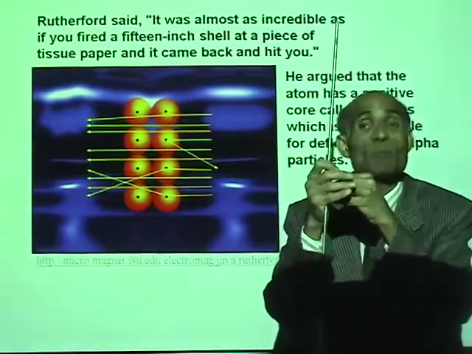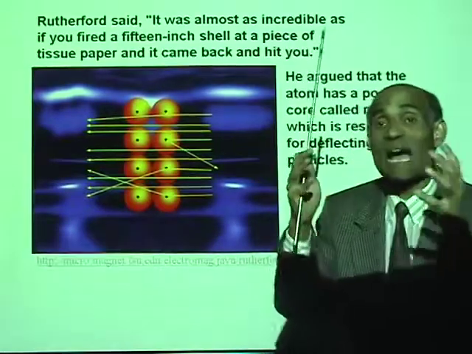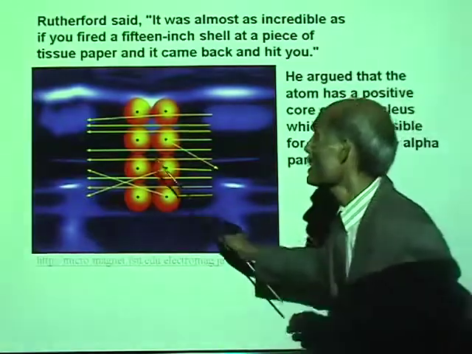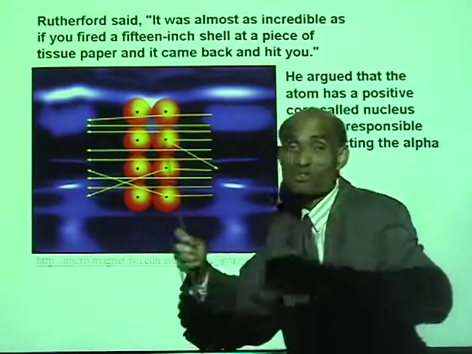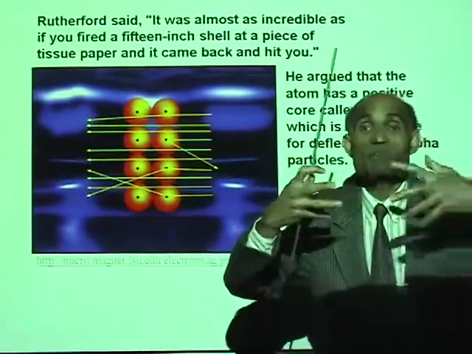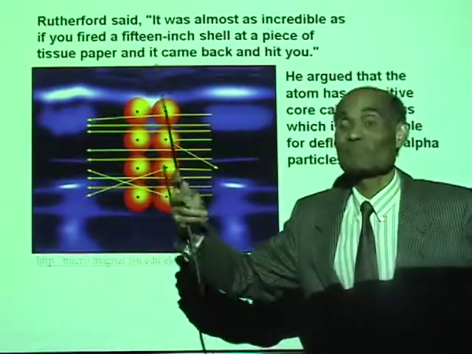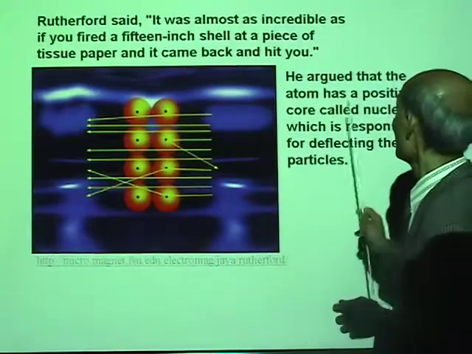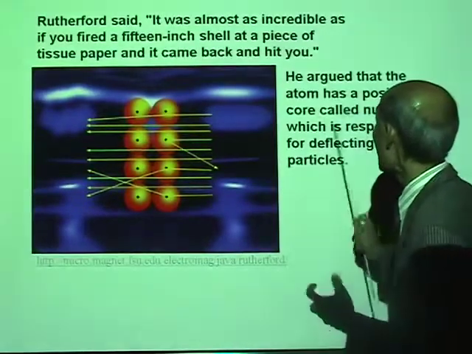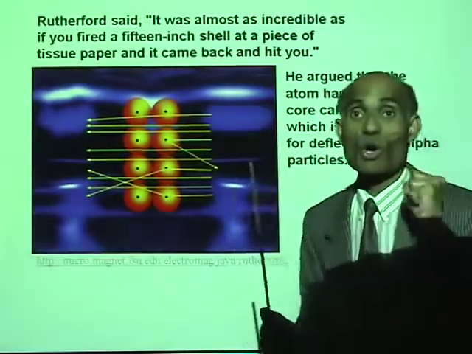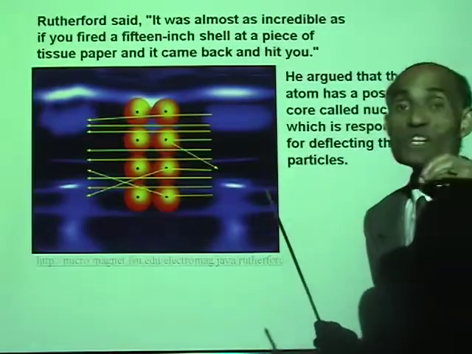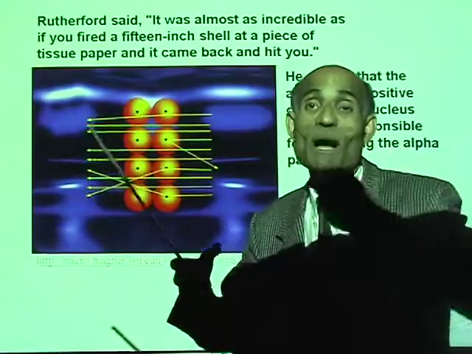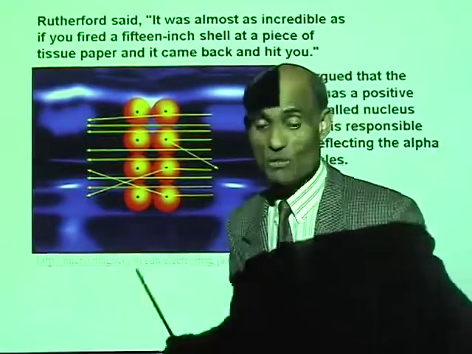And that means most of the mass of the atom is concentrated at the nucleus. You see? And most of the other parts of the atom is empty space. So, once again, what did Rutherford say? He argued that the atom has a positive core called the nucleus, which is responsible for the deflection of the alpha particles in that particular way.